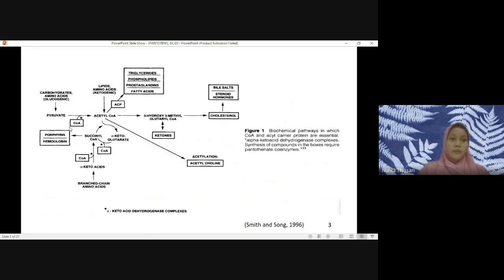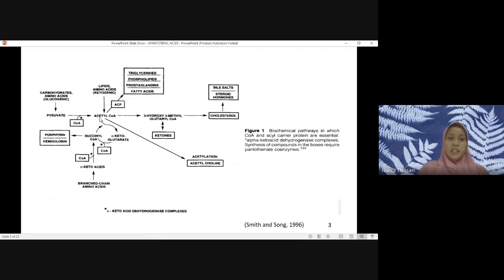This pathway requires coenzyme A, or pantothenate coenzyme. And then from the acetyl-CoA, it requires acyl carrier protein to become triglyceride, phospholipid, prostaglandin, and fatty acid.